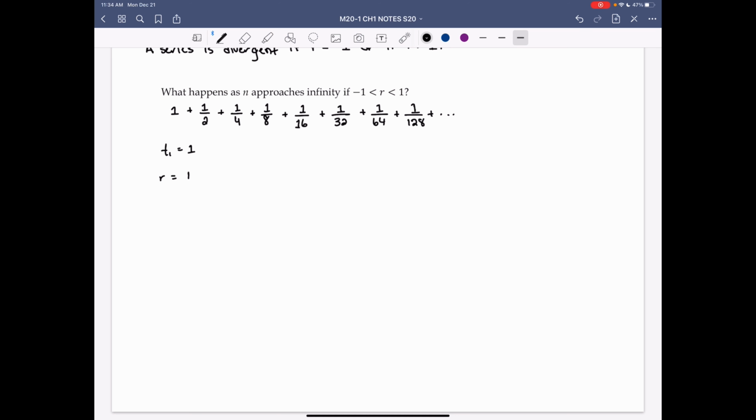If we take the second term, which is 1/2, and divide it by the first term, which is 1, we get an r value of 1/2.